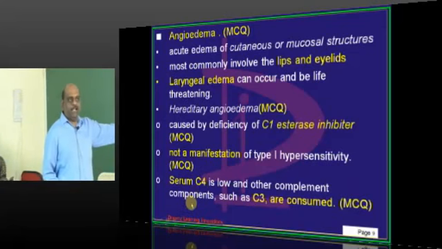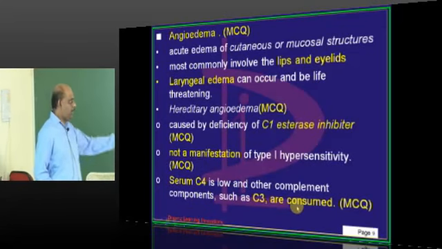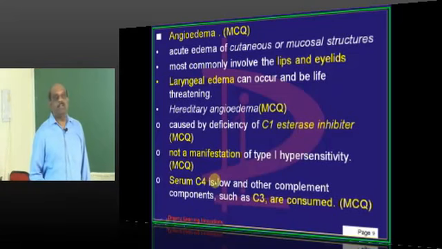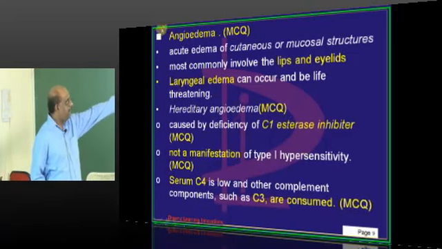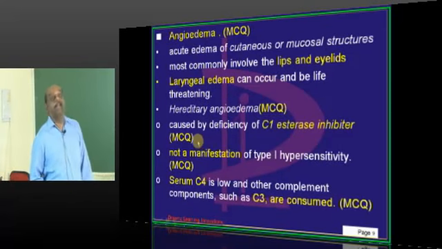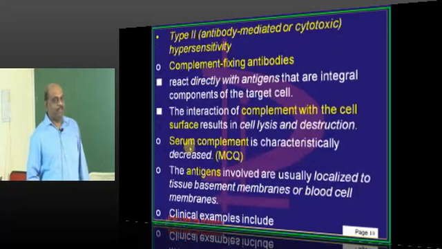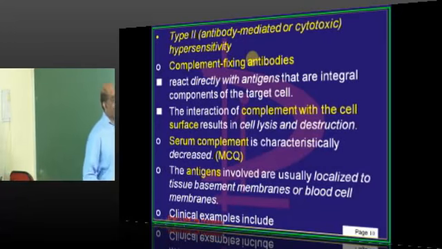In these people, the serum C4, complement 4, is low, and the other complements like C3 are consumed. So it is a problem of complements, not that of type 1 hypersensitivity. Don't get confused between type 1 hypersensitivity associated angioedema and hereditary angioedema. A lot of times examiners like to test you whether you know this point or not. Then type 2.